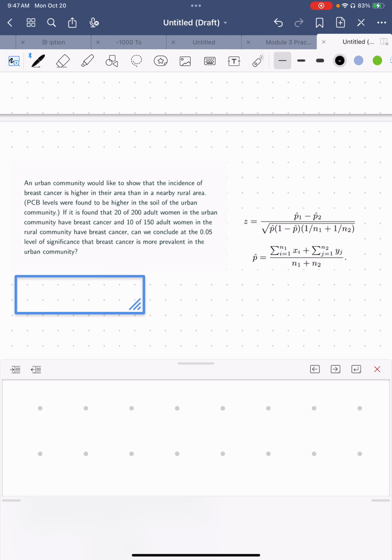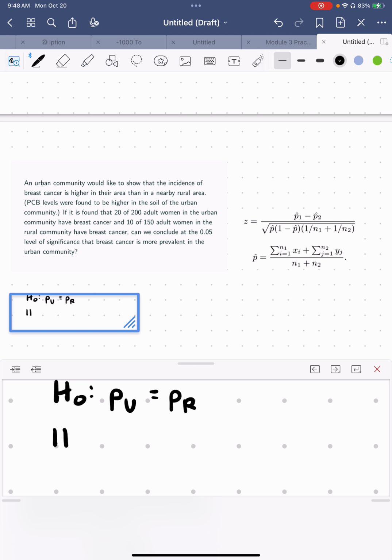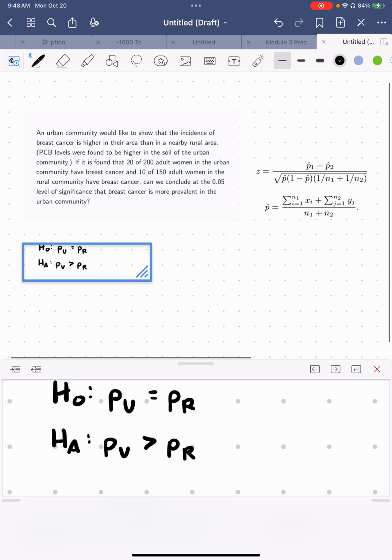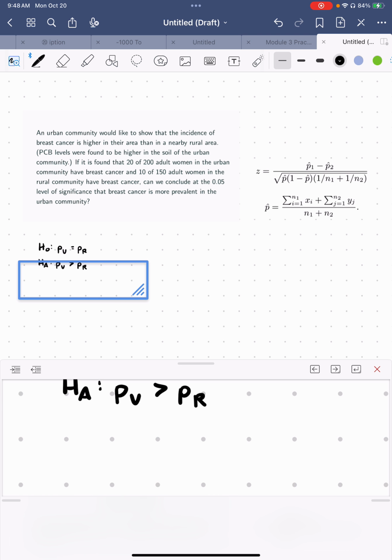So we have our null hypothesis, and we're going to have the proportion in our urban area is equal to the proportion in our rural area. And our alternate hypothesis is that the proportion in our urban area is greater than the proportion in our rural area. And we have our level of significance is 0.05.